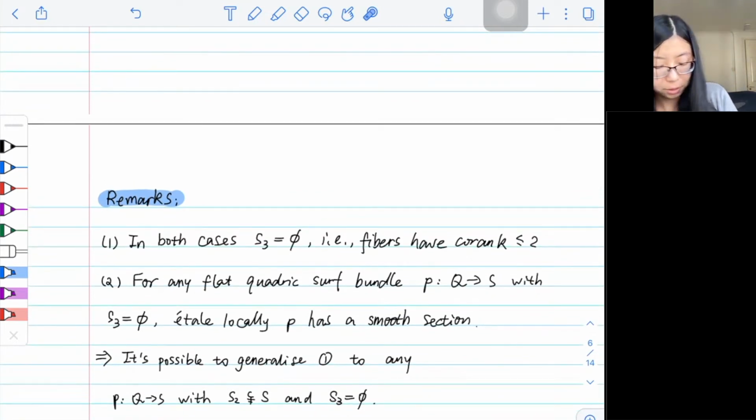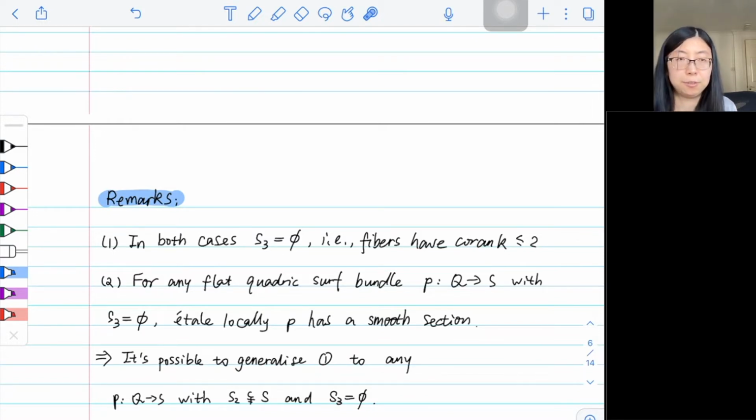Maybe here another word on why I would require this S2 locus to be not equal to S. As I have discussed before, I mentioned this example where you have a corank 2 quadric surface. In that case, the residual category is equivalent to the derived category of a DG scheme, which is not a scheme.